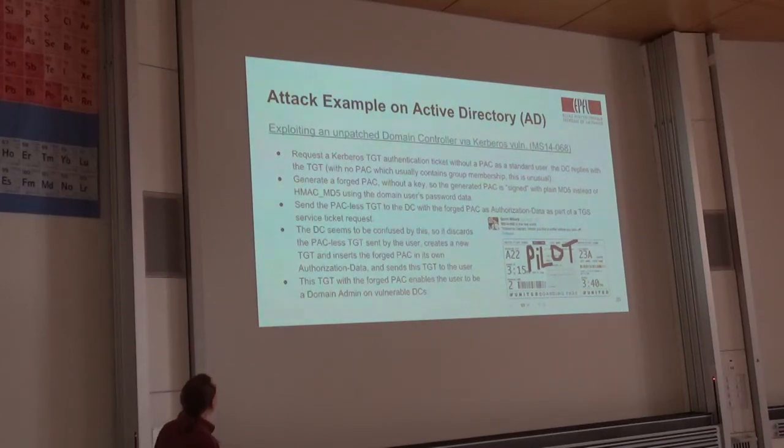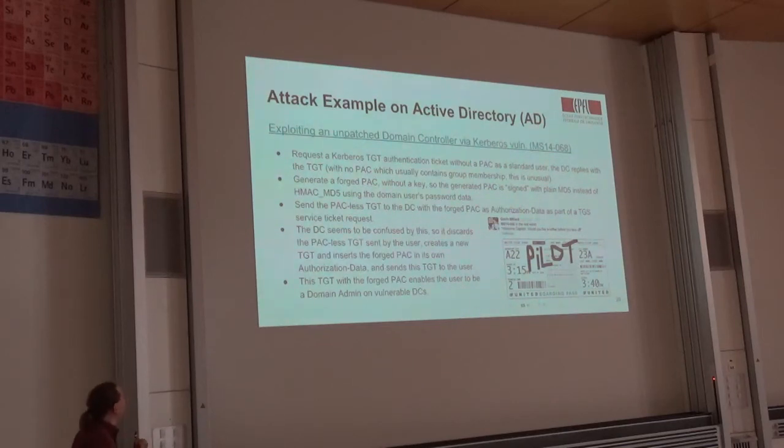But then what the attacker does is generate a forged PAC with some other user's information. So Alice's machine is compromised, but the attacker representing Alice says, okay, here's a ticket, here's a new PAC for Bob. And oh, by the way, Bob is an administrator and has all these other privileges because I'm just writing that on the ticket.